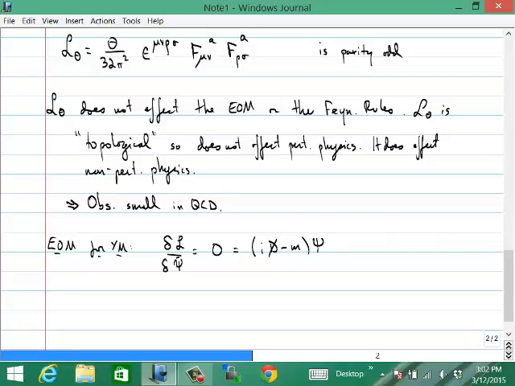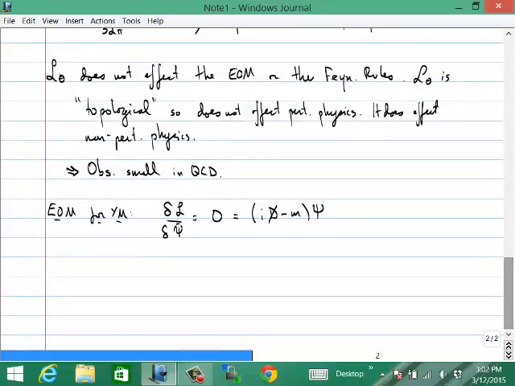Not surprisingly, those are just the usual equations of motion, namely the Dirac equation, with the Dirac operator corrected to account for the fact that you now have a covariant derivative with respect to the gauge field, as opposed to the usual partial derivative.